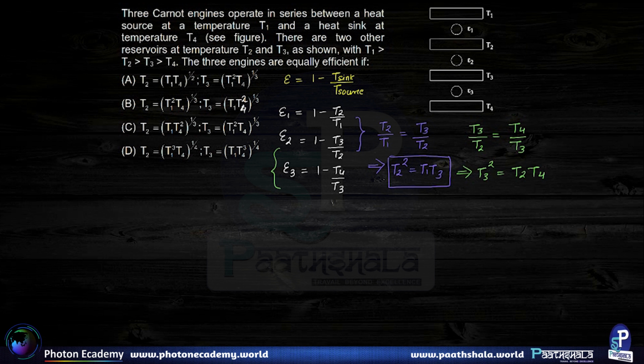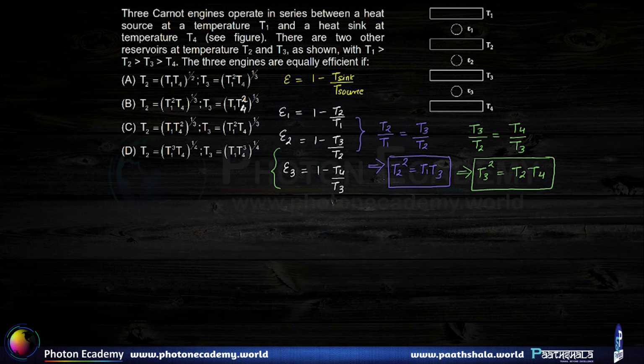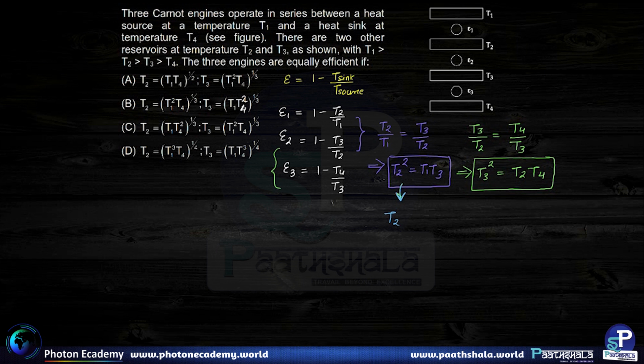Now let us say if we want to eliminate T3 from these two equations and find the relation between the three remaining variables, namely T1, T2 and T4, the most prudent method is to square this equation. On squaring this particular equation, we are going to get T2 raised to 4 is going to be T1 square T3 square.